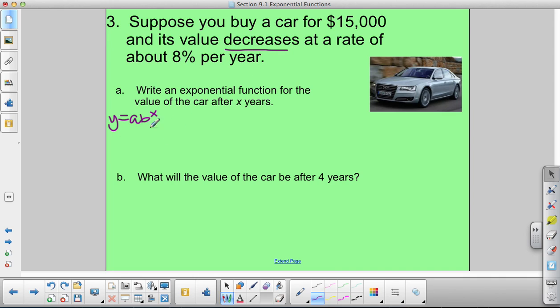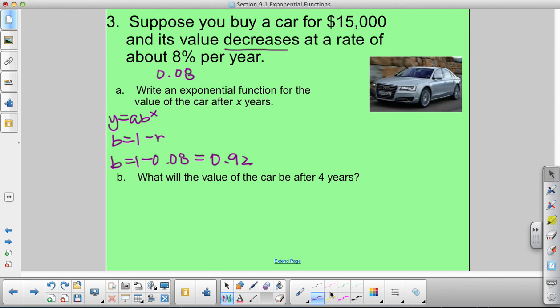This decreases, so b will equal 1 minus my rate. My rate is 8%. We don't leave it as a percent, we put it as a decimal. So remember, we move the decimal over 2, so 8% is 0.08. So my b is equal to 1 minus 0.08. If you do that on your calculator, you get 0.92.